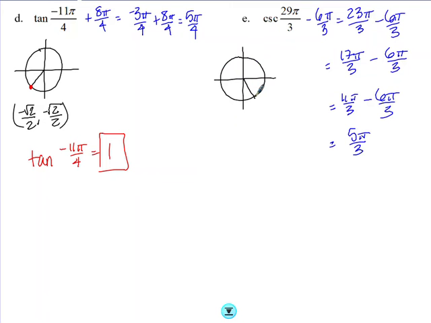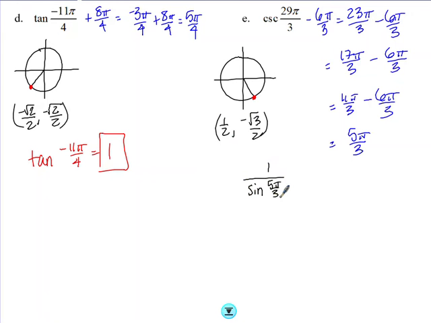5 pi over 3 is here. The coordinate is 1/2, negative square root of 3 over 2. We know that cosecant is 1 over sine, so I have 1 over sine of 5 pi over 3.